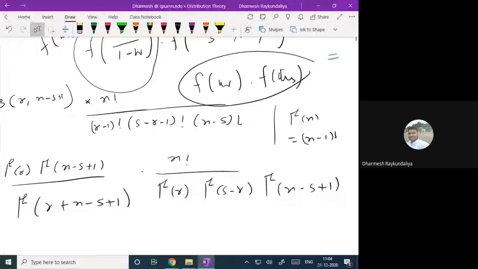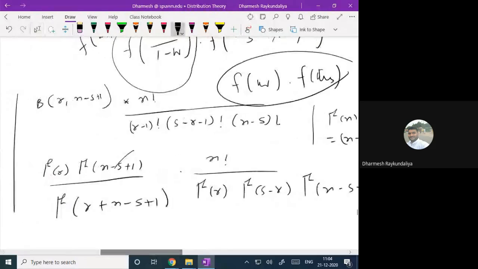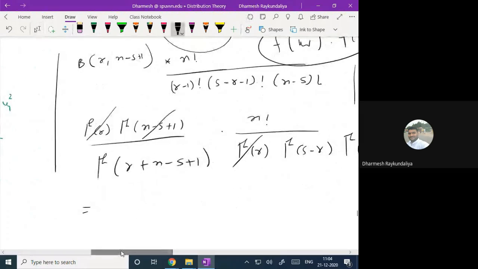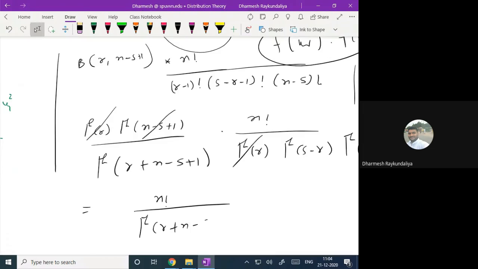So this relation we know. This gamma r will be cancelled out with this, so what will you have? You have this quantity n factorial upon gamma (r plus n minus s plus 1) into gamma (s minus r).